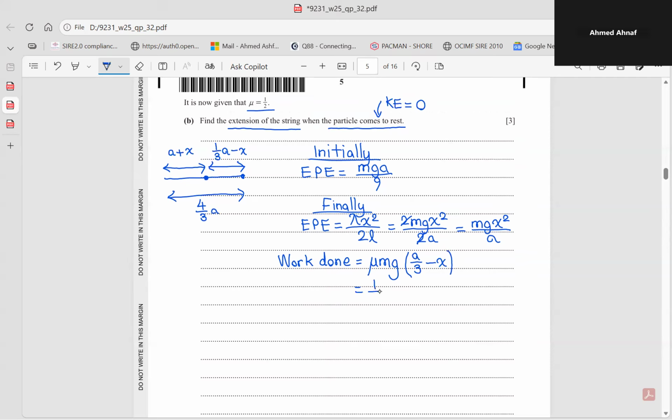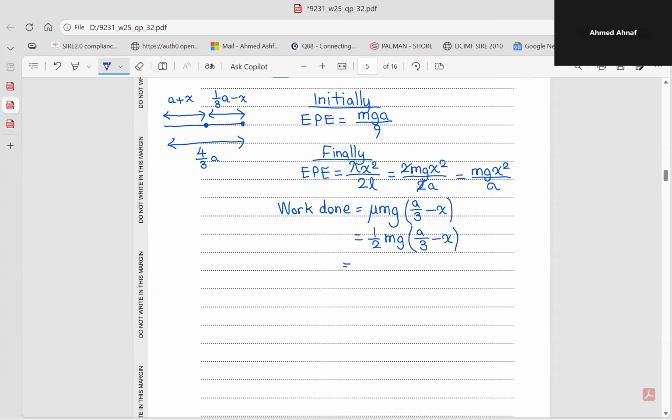So it's just half mg, a over 3 minus x. And then we expand it out. It's going to be mga over 6 minus half mgx. So this is the work done.